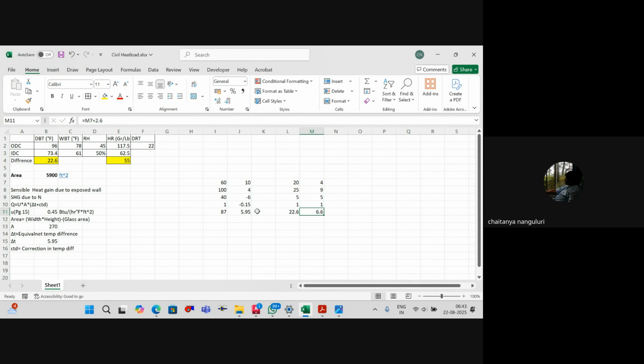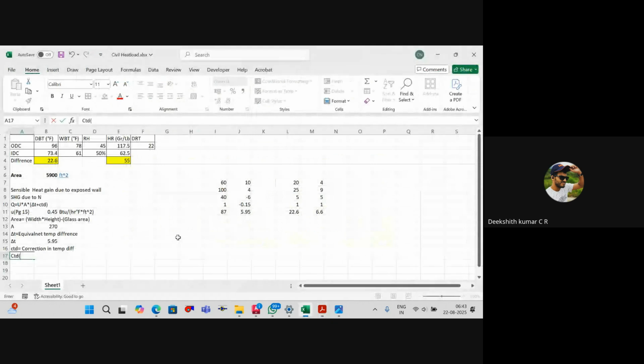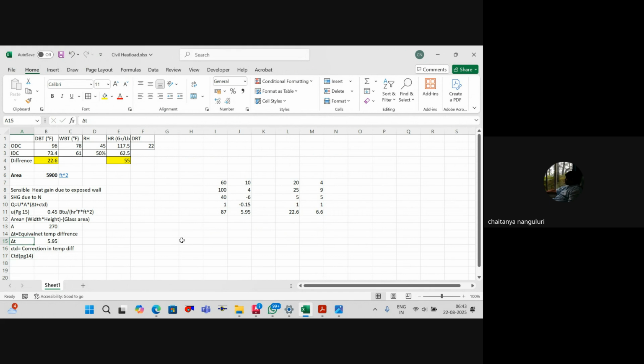So automatically my CTD will become 6.6. Understood or not? Able to follow? Page number 14. Write it on page 14. So automatically the value is 6.6.